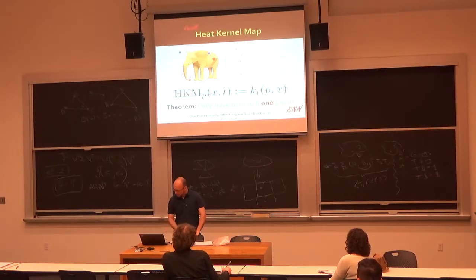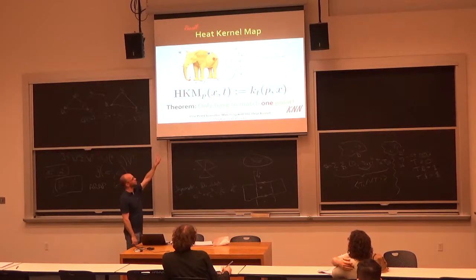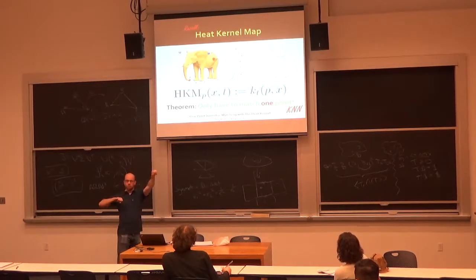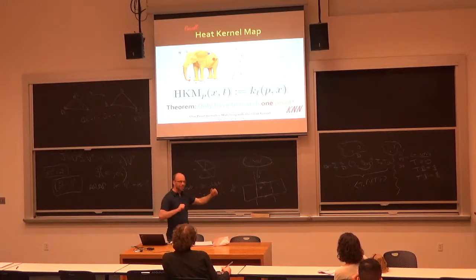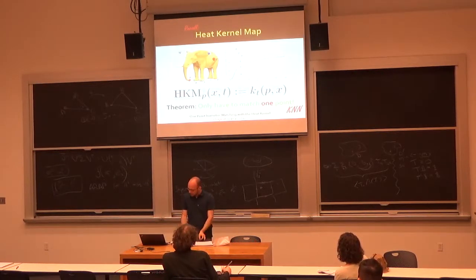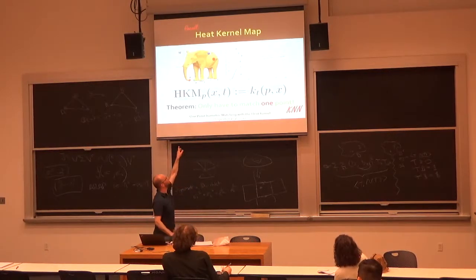If you'll recall, when we talked about the Laplacian, we talked about this heat kernel map, which is a particular signature that says how much heat diffuses from one point to all the other ones in a fixed amount of time, as a function of time. It turns out the theorem you need is that you only have to match one point for that map to be completely distinguishable. Instead of thinking of this as your piece of geometry, you think of the geometry as being the descriptor given to every point on the surface.